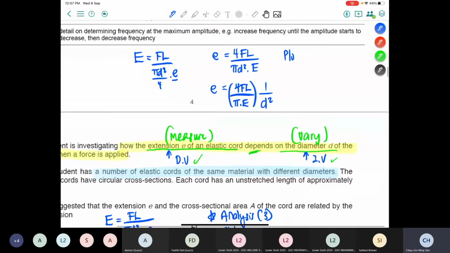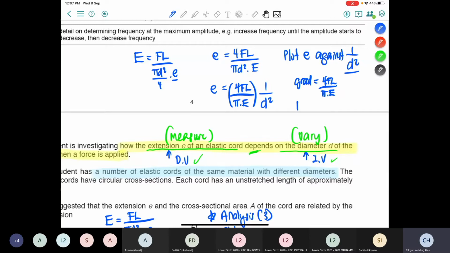So you plot E against 1 over D square. Then you get a straight line where the gradient is 4FL over pi E. Yeah, 4FL over pi E.